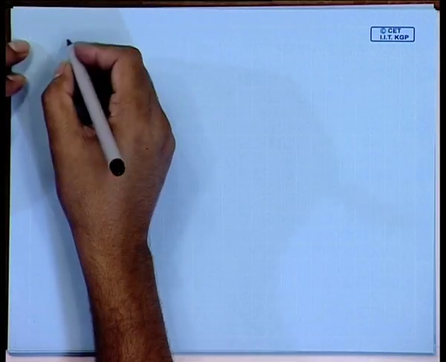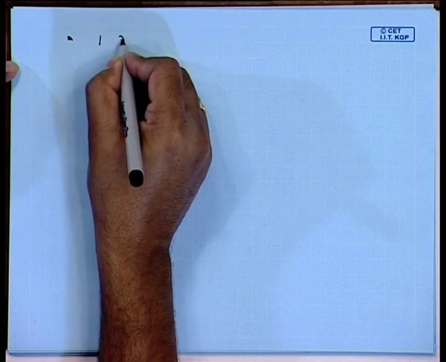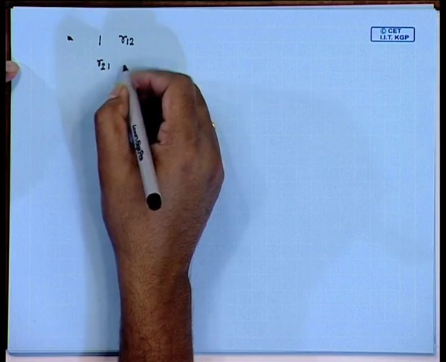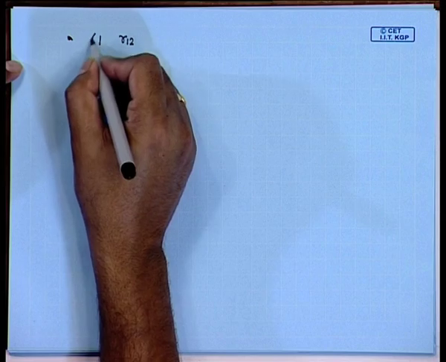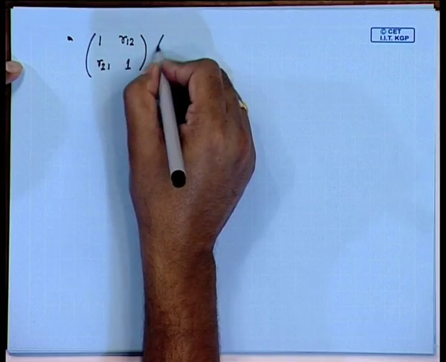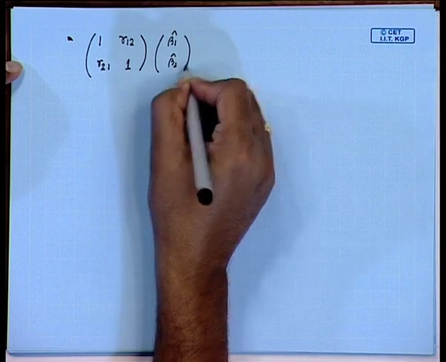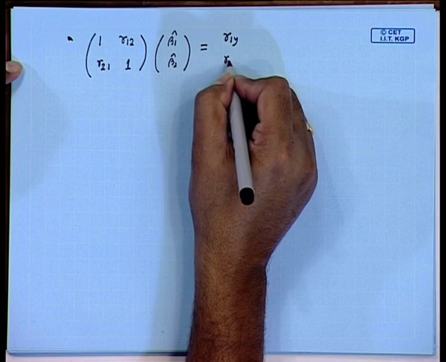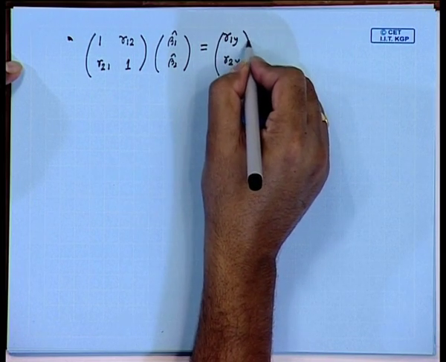So, the normal equation we have is 1, R12, R21, 1, where R12 and R21 are the same, times beta 1 hat, beta 2 hat, is equal to R1y, R2y, right.